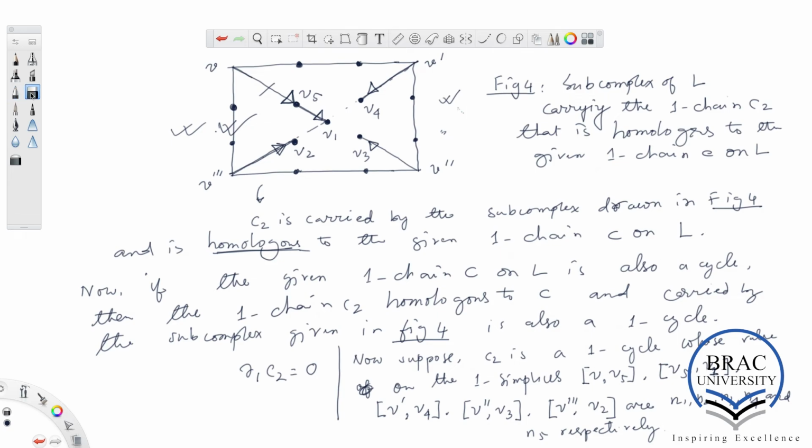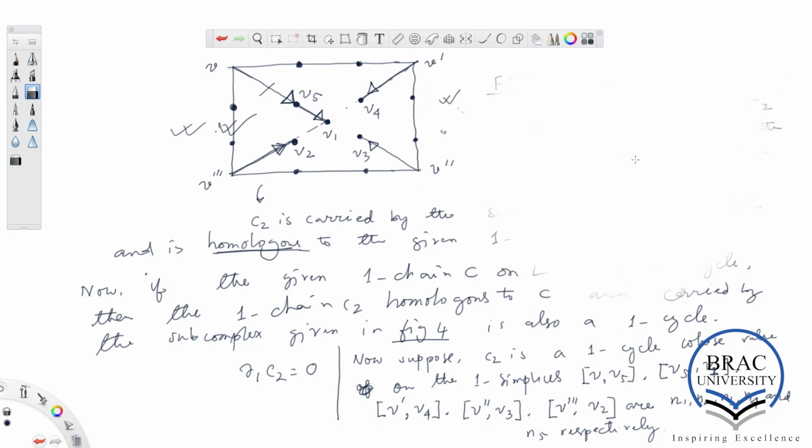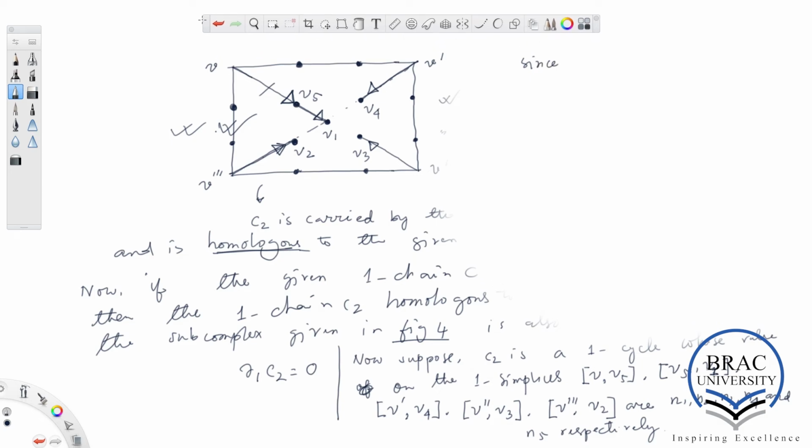Well, I need room. That's good enough. Okay, so since C2 is a one cycle, right? We know that del 1 C2, we have already written down here, del 1 C2 is equal to 0.